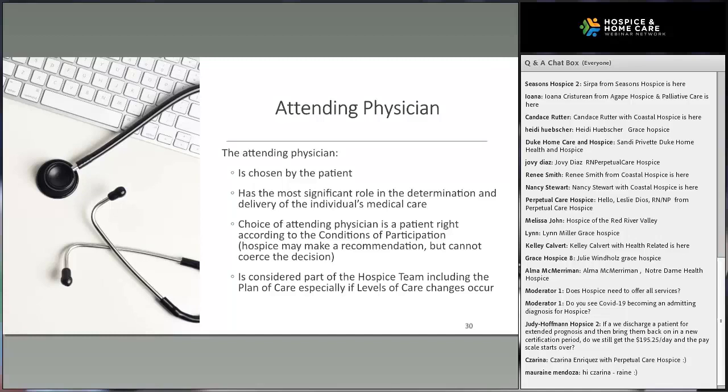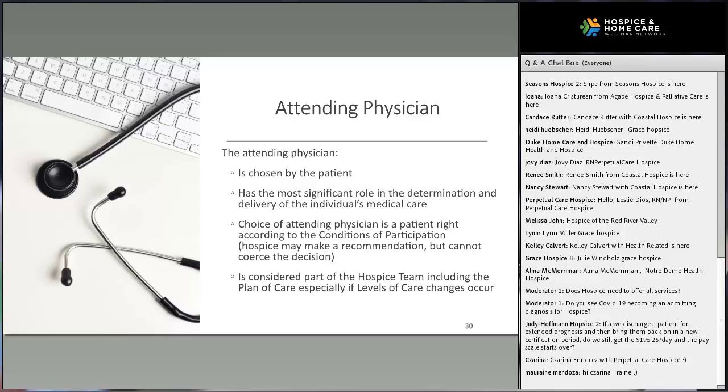So a hospice may step in and make a recommendation about possibly another attending physician that might be willing to take the patient on and certify for hospice, but you can't coerce the patient into a decision. With Medicare, we've got patients' rights and responsibilities. Nobody can be coerced. You have to be presented opportunities in order to have the benefit occur. But again, it's important not to coerce.